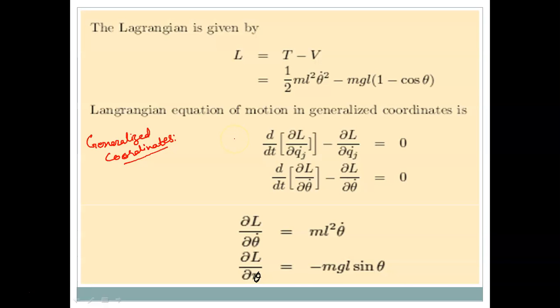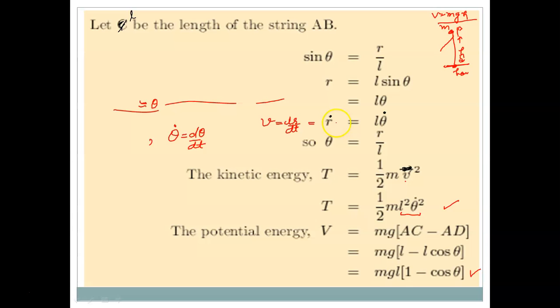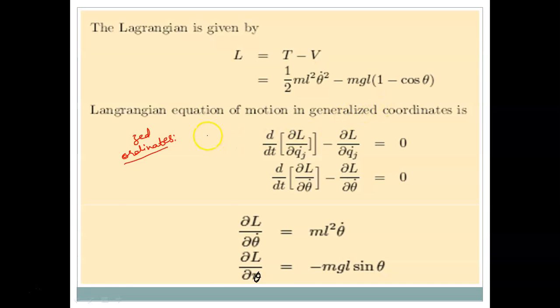And what is that variable? That is theta, because r is variable, but you can express r in terms of theta. So the single variable theta can describe the configuration of this system. Therefore we have only one generalized coordinate here.